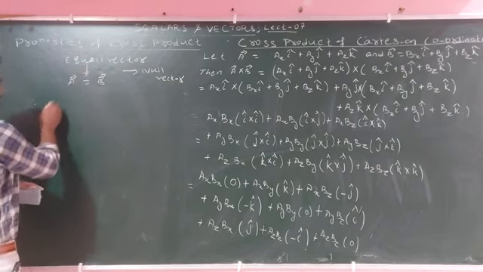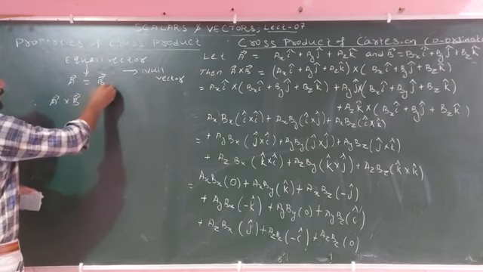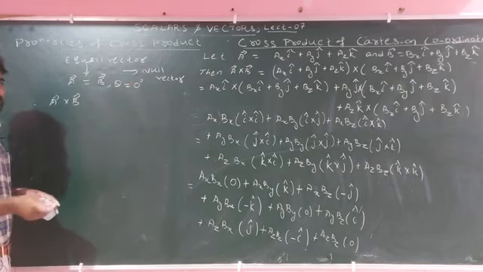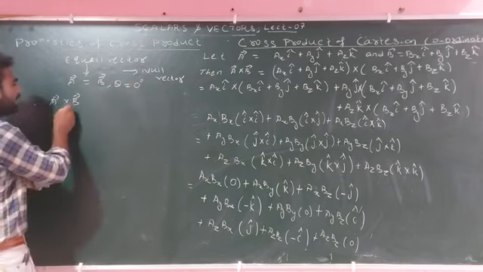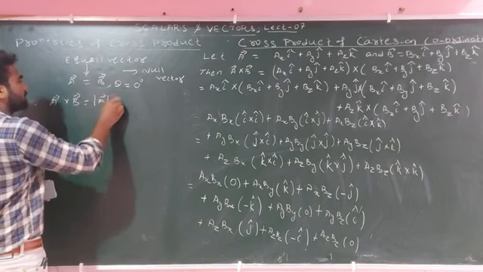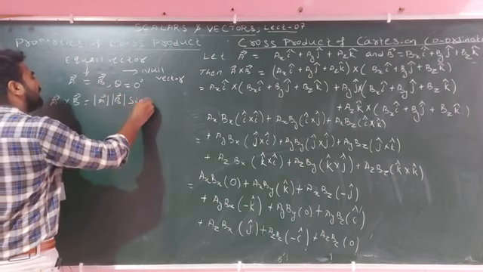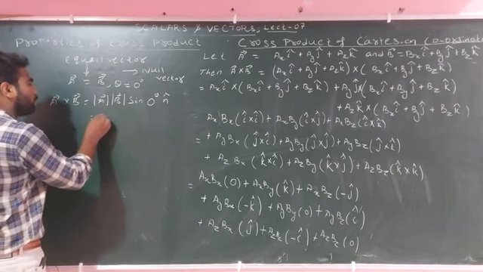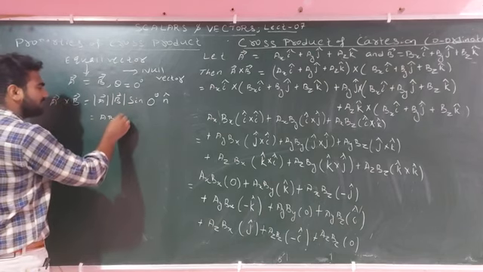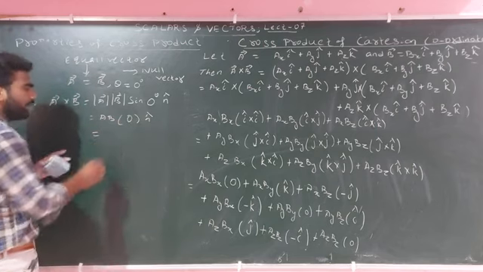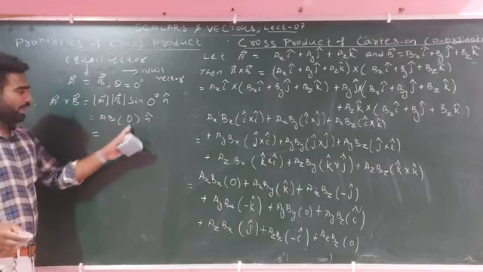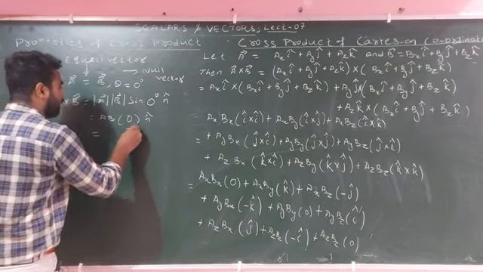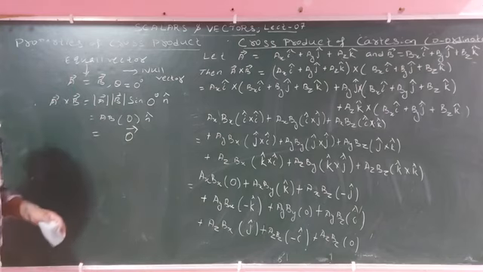That is called an equal vector. The angle between two equal vectors is 0 degrees, so they are parallel vectors. A cross B equals magnitude A, magnitude B, sin 0, n cap. Sin 0 has value 0, and 0 into a vector is the null vector.